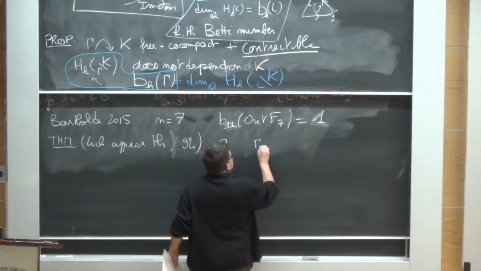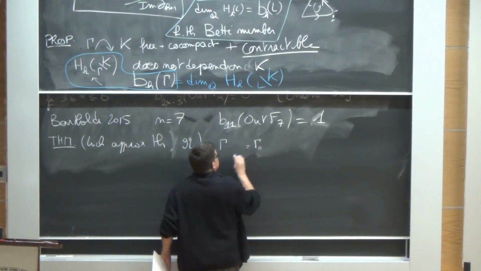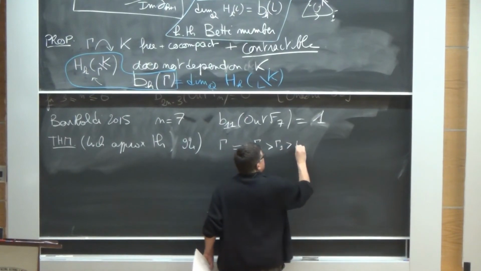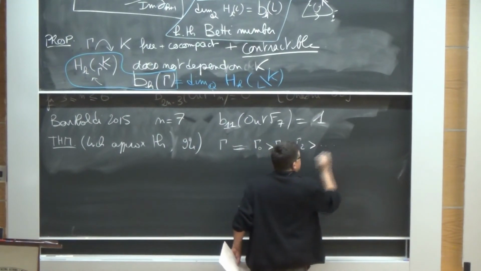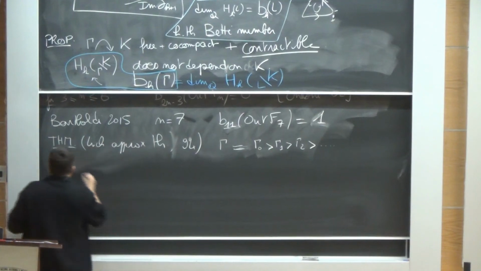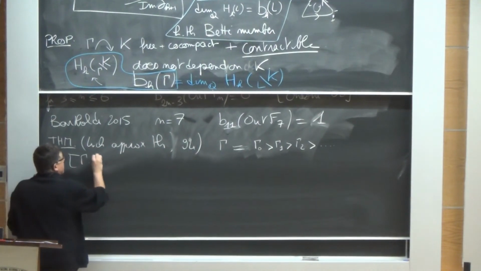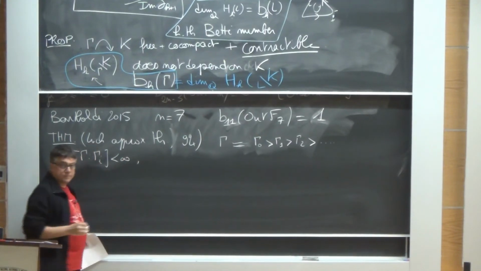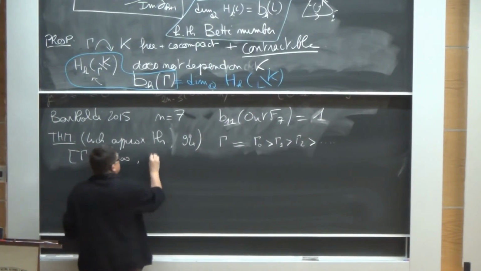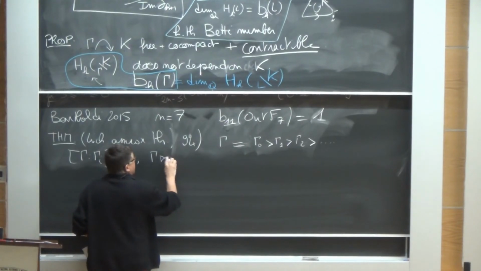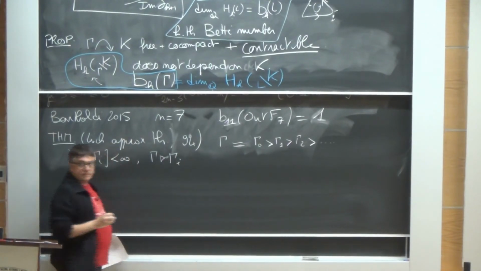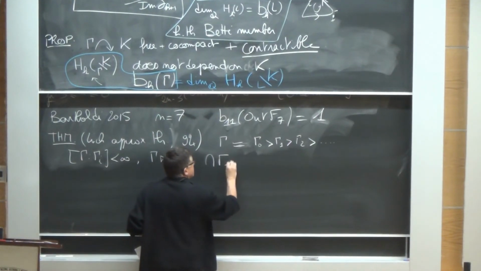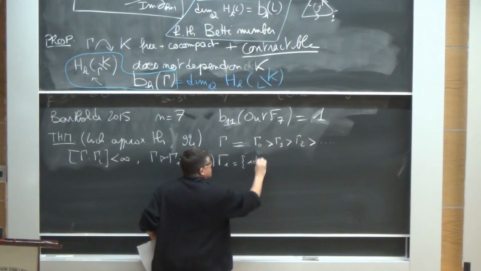So you have a sequence gamma 0, which is equal to gamma, gamma 1, gamma 2, such that the index of gamma i in gamma is finite, such that gamma i is a normal subgroup in gamma, and such that the intersection is trivial.